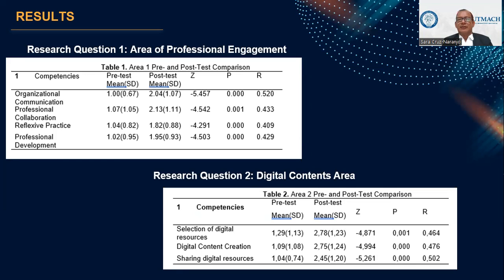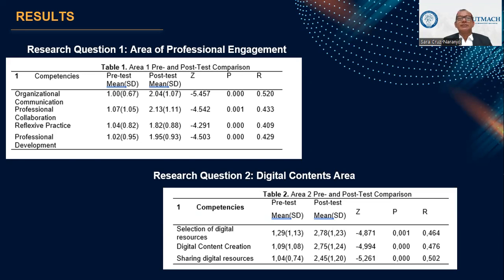At the B1 level, there was an increase from 8, which is 15%, to 12, which is 22%. At the B2 level, there was also an increase from 1, which means 2%, to 5, meaning 9%. At the C1 level, there was an increase from 0 to 20, which means 36%.